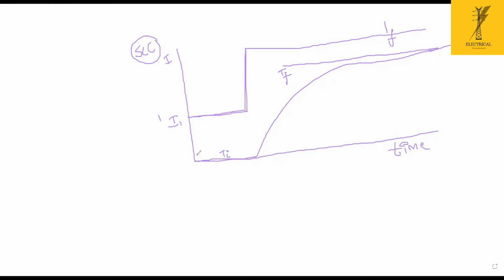Let's assume that for time less than 0 seconds, the conductor is in thermal equilibrium. I mean the ohmic losses generated by the conductor are equal to the heat losses of convection and radiation.